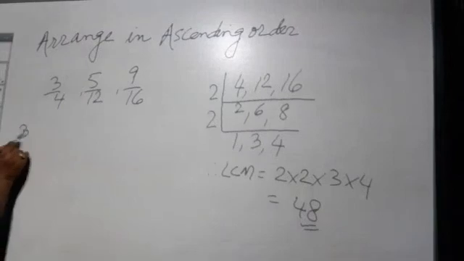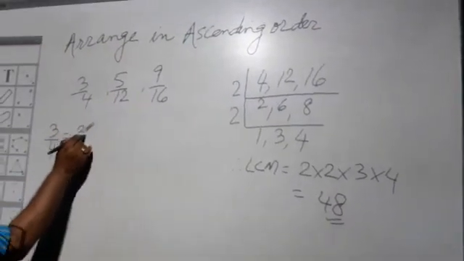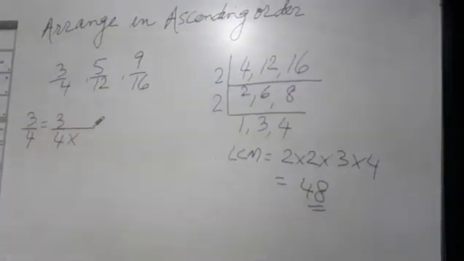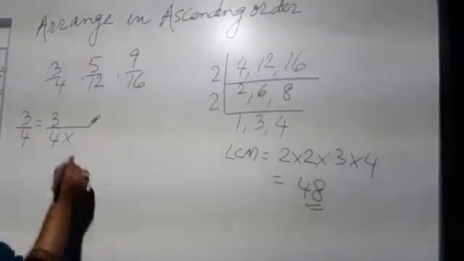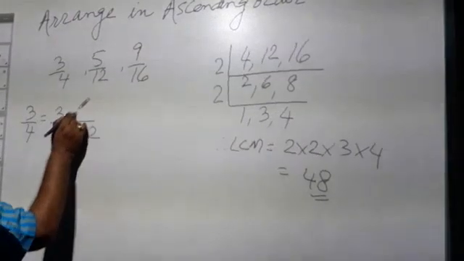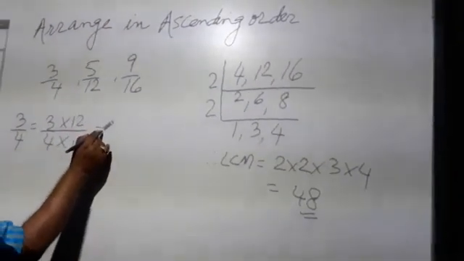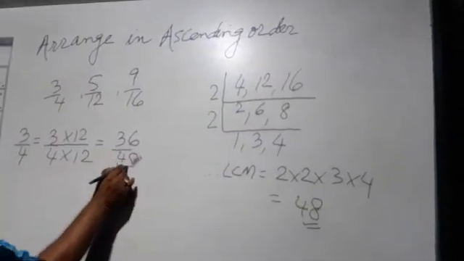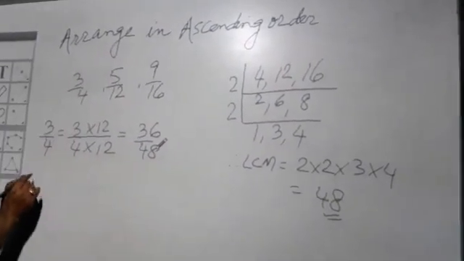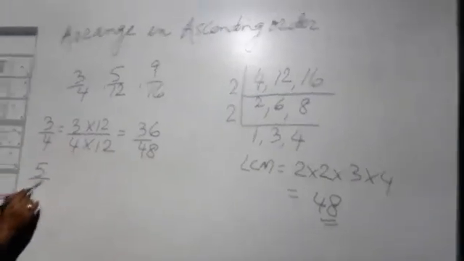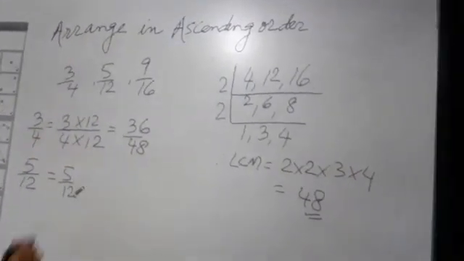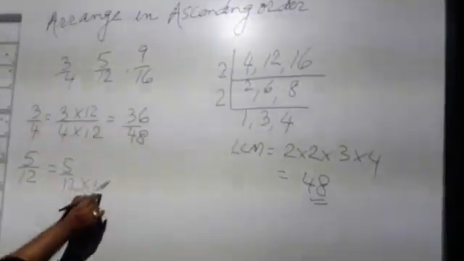Now we take individual fractions. 3/4: with what did we multiply 4 to get 48? Multiply by 12. Here the numerator also gets 12. So 3 twelves are 36 and 4 twelves are 48. Next we take 5/12. 12 multiplied by what to get 48? 12 fours are 48.